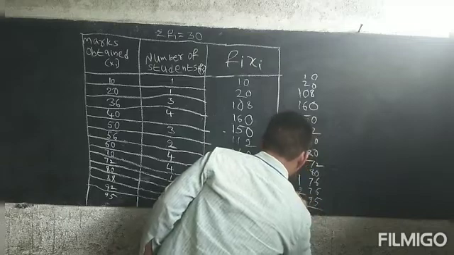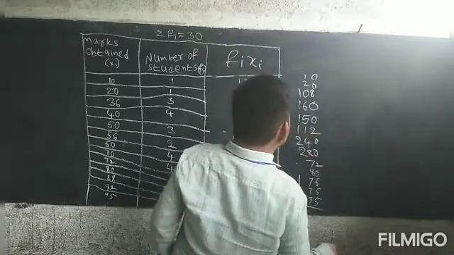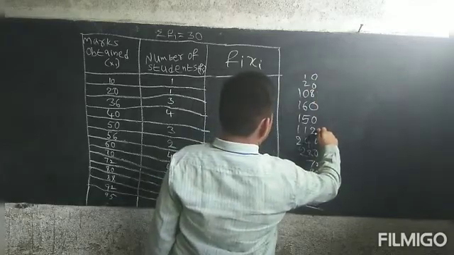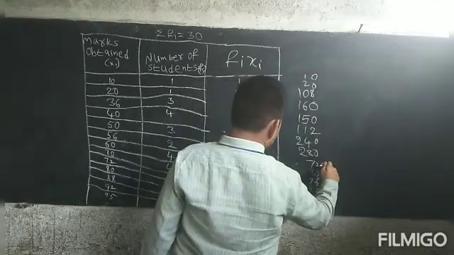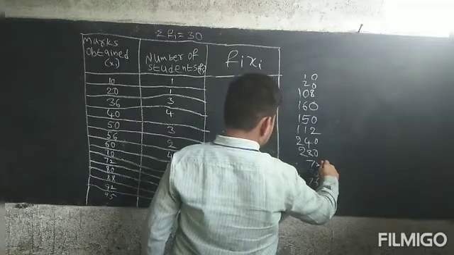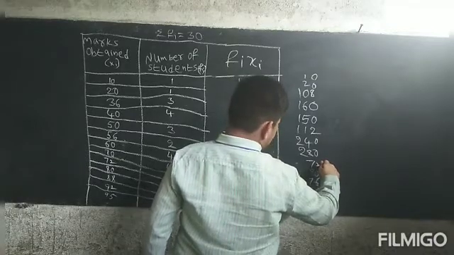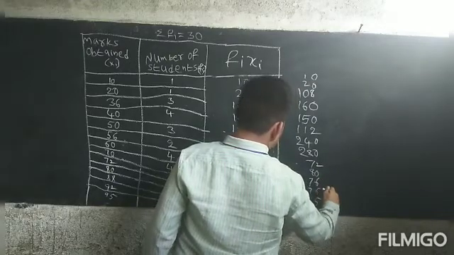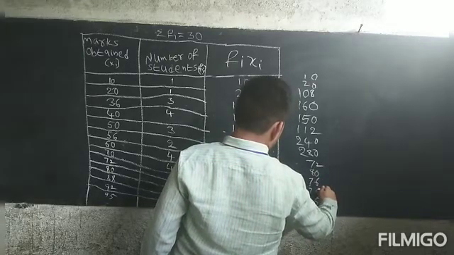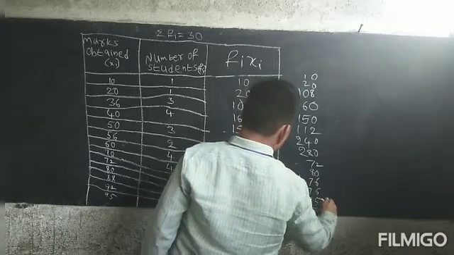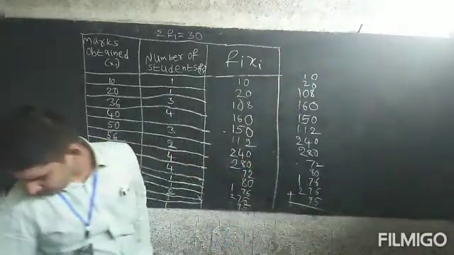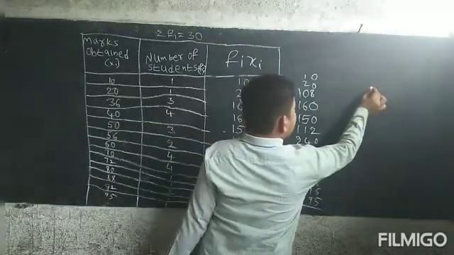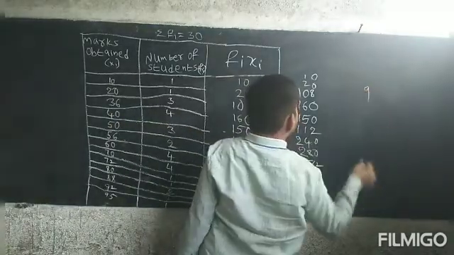Okay? Now add them: 8, 8 to 10, 10 to 12, 12 plus 6, 18. 18 plus 6, 24. 24 plus 5, 29. Okay? 29.